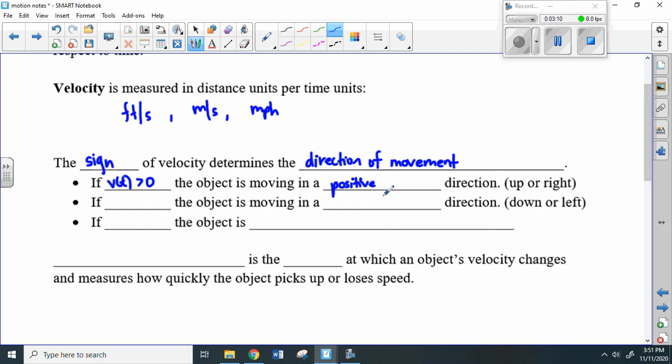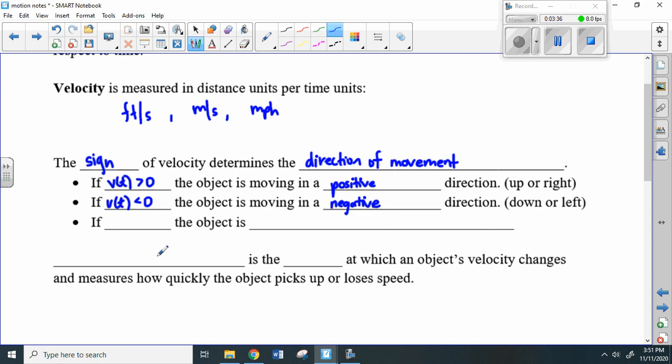If the particle's moving right and left, then positive means right. If we're just talking about a standard function, the derivative being positive means the function is increasing. Alternatively, if the velocity is negative, then the object is moving in a negative direction, which would mean down or left, depending on the type of problem that we're looking at.